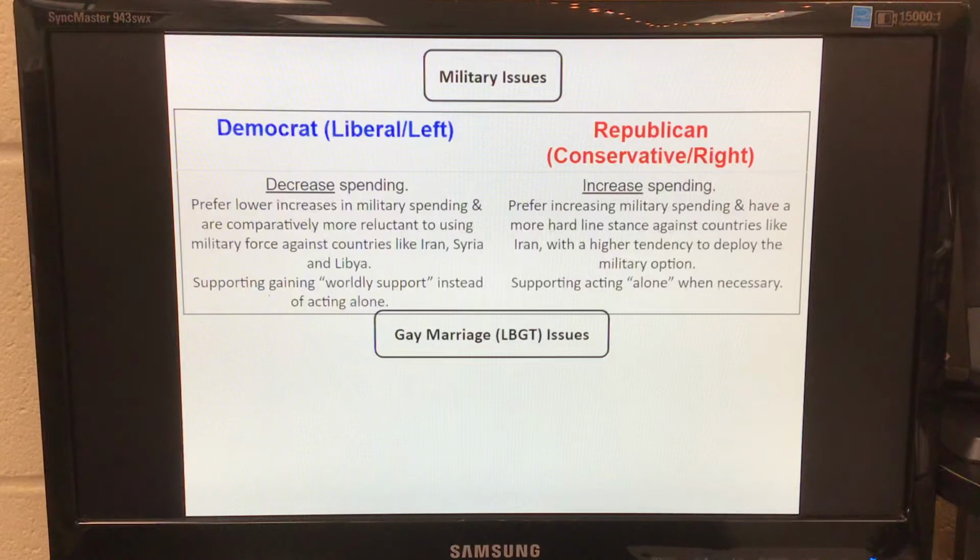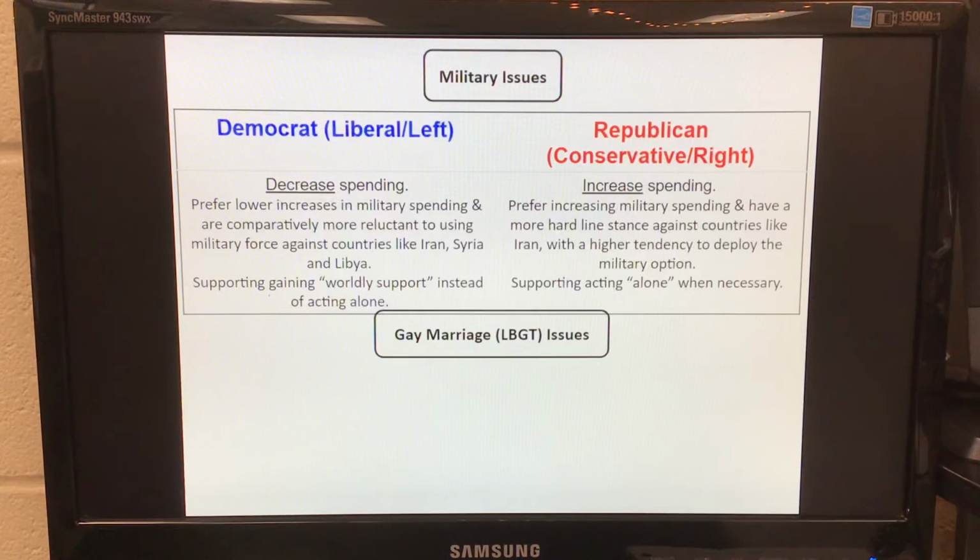Basically, the Republican Party is much more gung-ho pro-military. They like having that really strong military so that maybe it deters other countries who might mean us harm from attempting to attack us all the time.